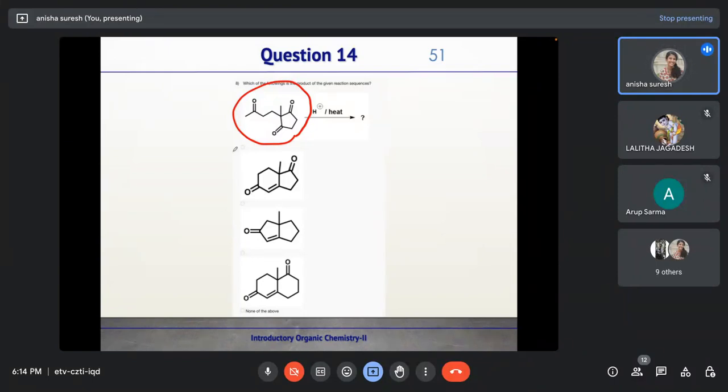Major product that will be formed in this reaction. Second option. First option. First option will be the right option. We will see the mechanism, then it will be clear.